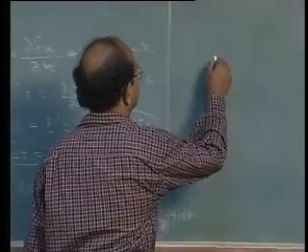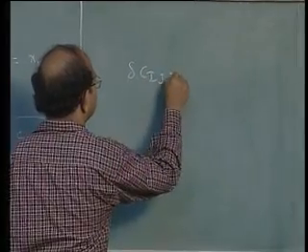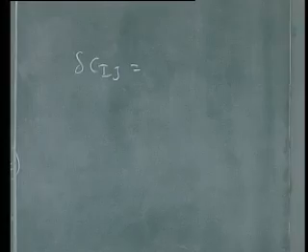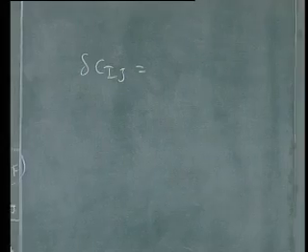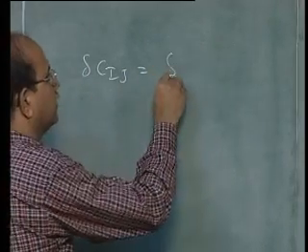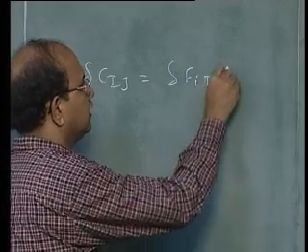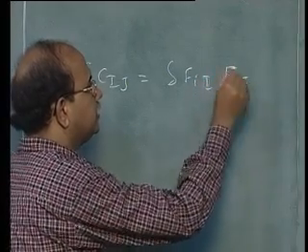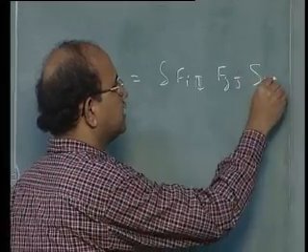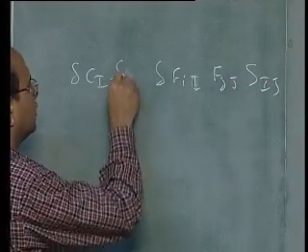You can say that delta C ij can be written as delta F I J, F J J S I J, if I want to include.